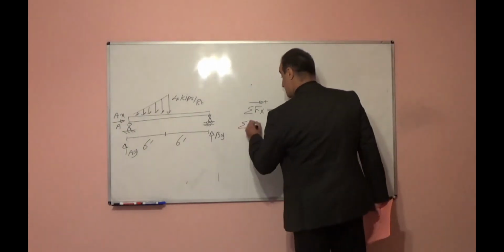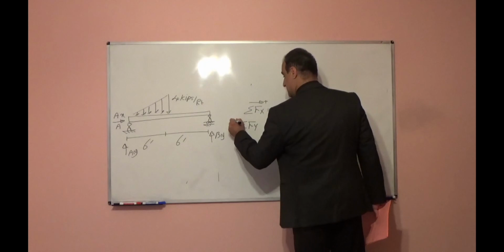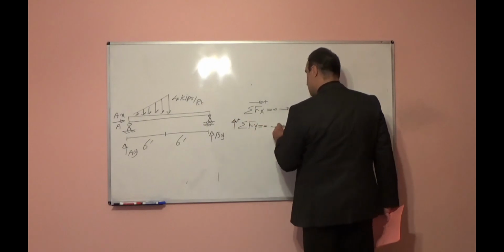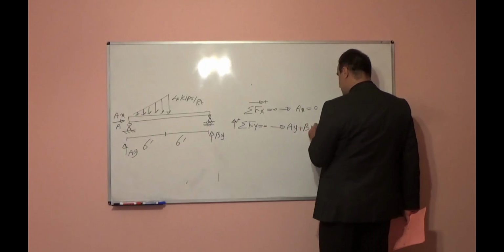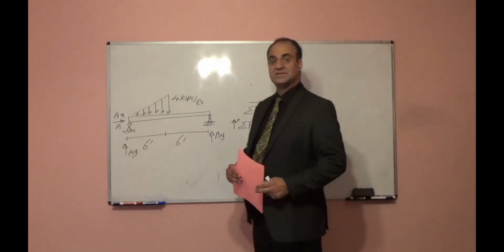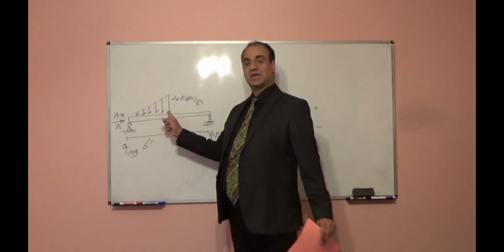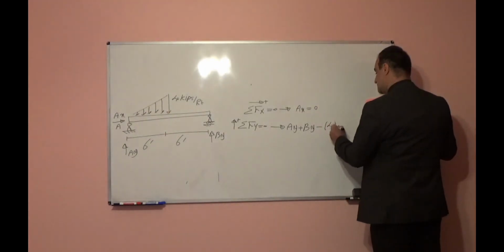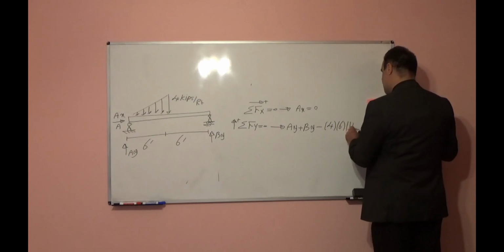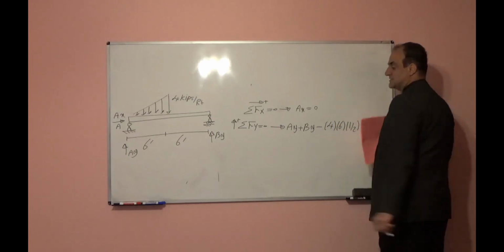Summation of forces in vertical direction equal to 0. It will be AY plus BY minus the resultant force for this. It will be the area underneath the triangle. So it will be 4 times 6 times half is equal to 0.